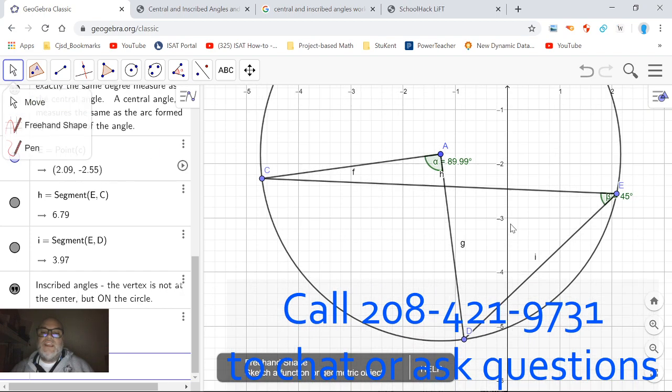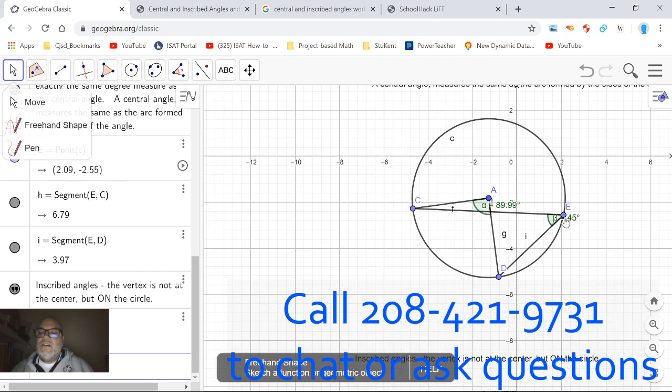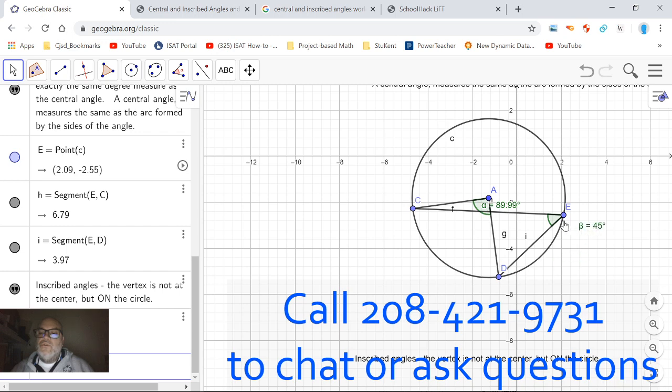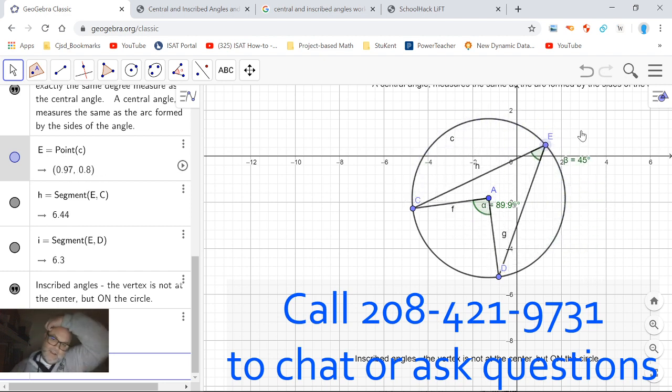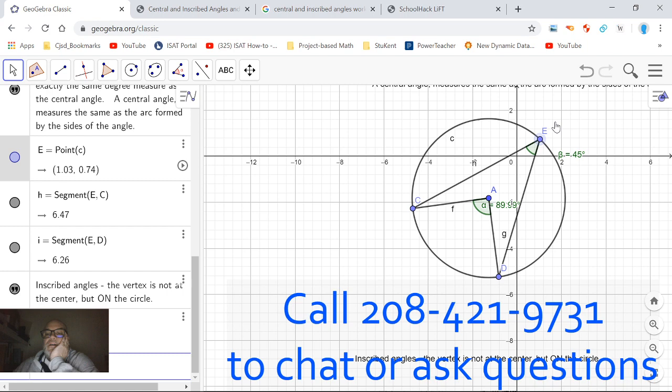Is that always the case? Well, check this out. What if I move this point over here? It doesn't matter, right? The inscribed angle is always half of the measure of this intercepted arc, or half of the measure of the central angle, right?